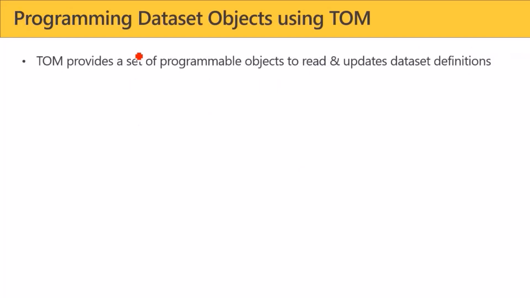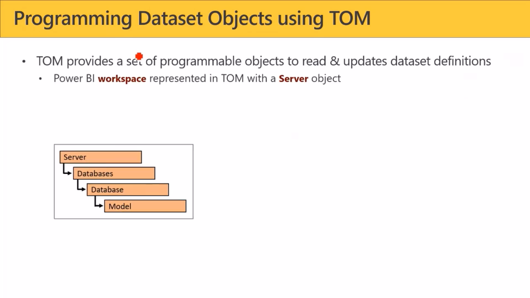Now when we look at programming datasets with the Tabular Object Model, we've got this set of objects. Remember that the Tabular Object Model came from Analysis Services. We have the same things, but we call them different names. Server was originally the box running the SQL instance of Analysis Services.